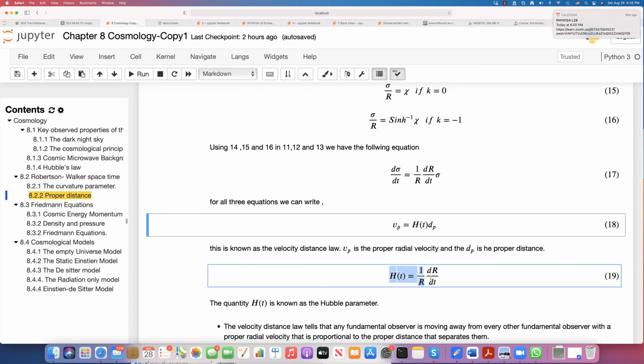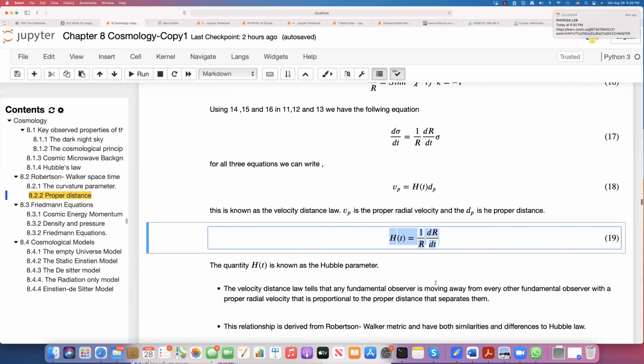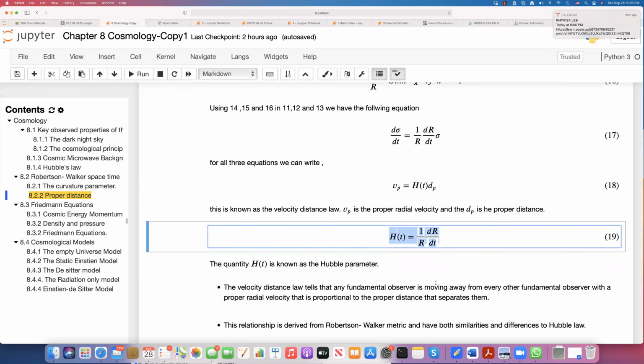So make sure that you remember this equation, because that particular equation is important in many ways when you apply and look at different models of the universe, right? So it is always nice to remember these types of relations so that you can directly use them.